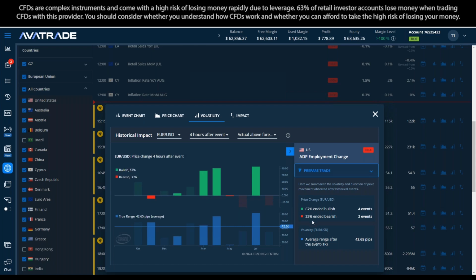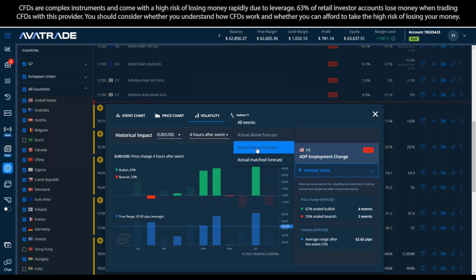So not only do you have a 2/3 chance based on the past that the euro will climb against the USD if this comes in above forecast, but you also have the statistics from the past showing that it went up twice as often, and it went up further than the ones that went down. Something like 95% of the movement was up, even if you include the ones that went down. A lot of green, very little red when the numbers came in above forecast.